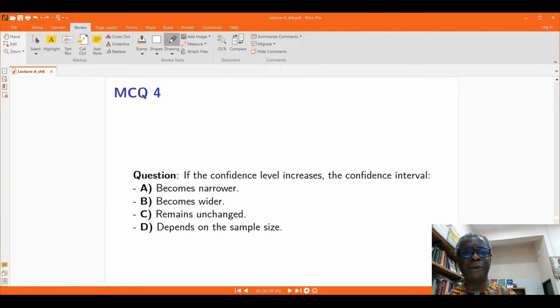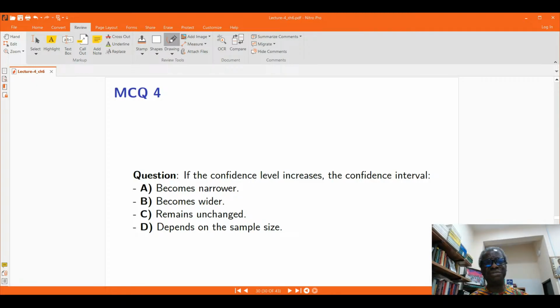So question 4: if the confidence level increases, this time we are talking about the confidence level, what happens to the confidence interval? If, for instance, I increase my confidence level from 90 to 95, from 95 to 99, what will happen to my confidence interval?